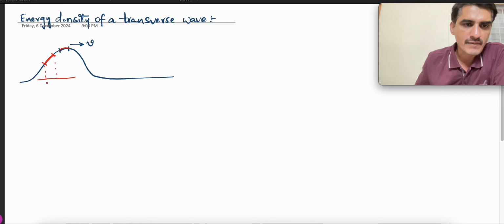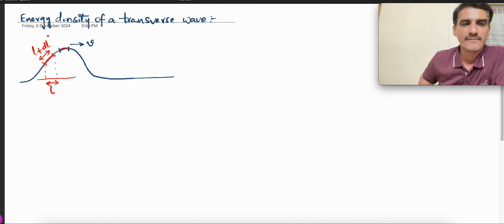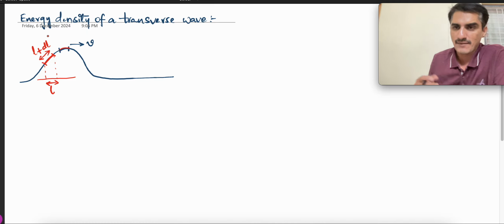So it means that if this is a length L, then definitely we can say that this length will be greater than this one. Am I right or not? So we can write it as L plus DL here. Am I right or not? L plus DL we can write, where DL is the elongation. Yes or no? As the wave is propagating through that, it has got a certain elongation.